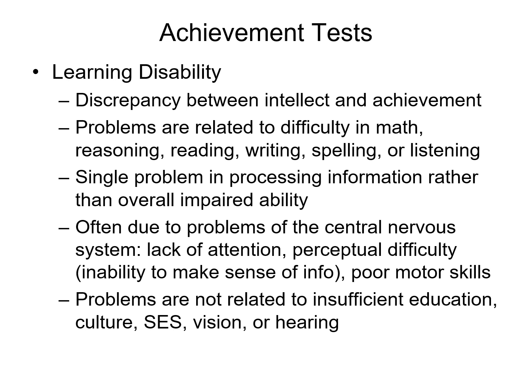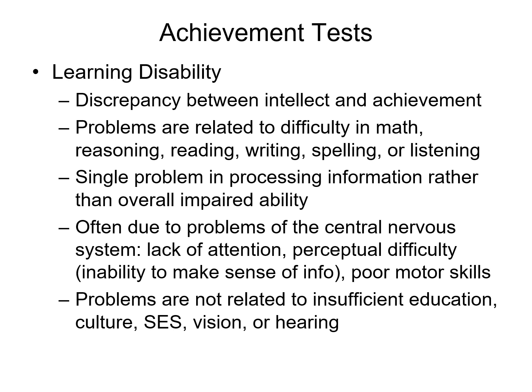So for example, if someone's not very good at math and math questions, are they good at written or reading questions that involve math? So single problems in processing information rather than an overall impaired ability is what we're talking about when we talk about a learning disability. Often due to problems with the central nervous system, lack of attention, perceptual difficulty, inability to make sense of info, poor motor skills, all of those.